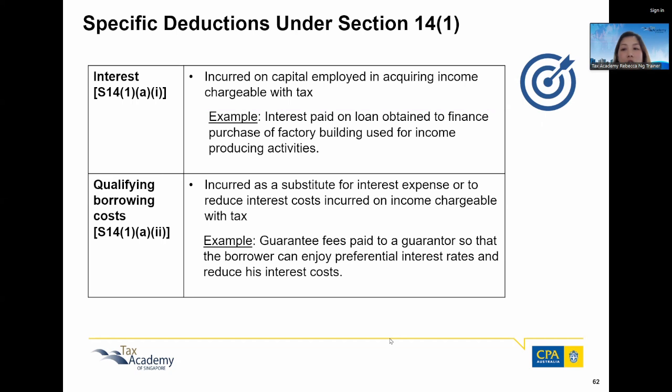Where direct identification and tracking of the interest-bearing loan to the assets cannot be established, that means there is no direct link between the use of the expenses and the income, and the expenses will not be allowable for deduction under Section 14(1)(a). However, in practice, the Controller of Income Tax has exercised administrative discretion to allow a portion of the common interest expenses attributable to income-producing assets by using a total assets method.